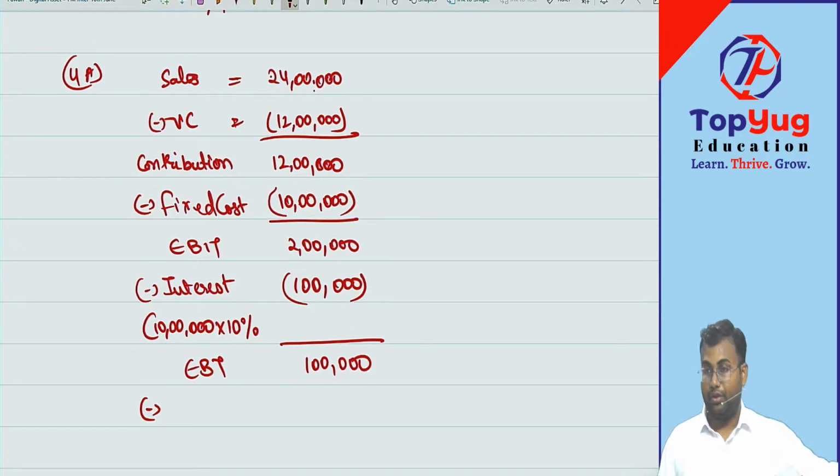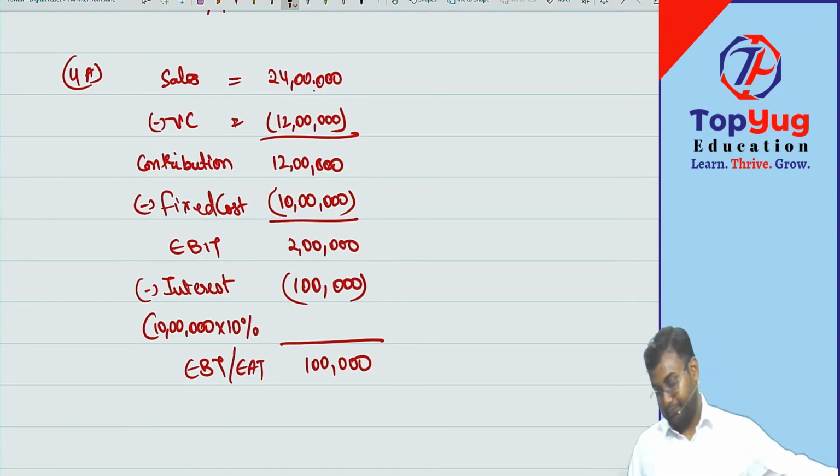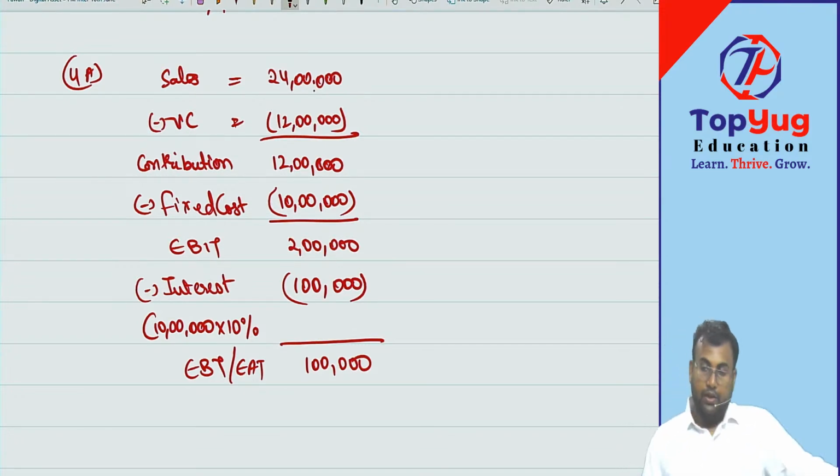So if there is no tax, can I use this as EAT itself?